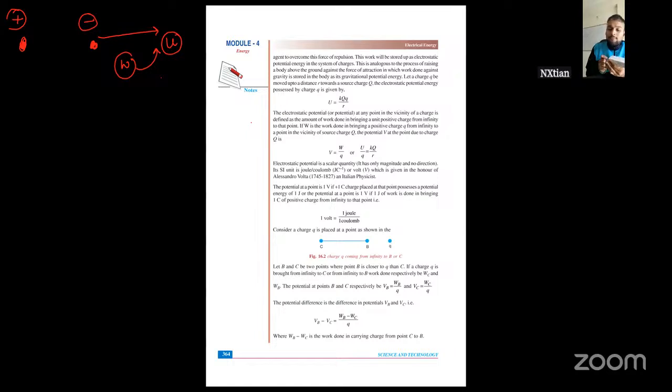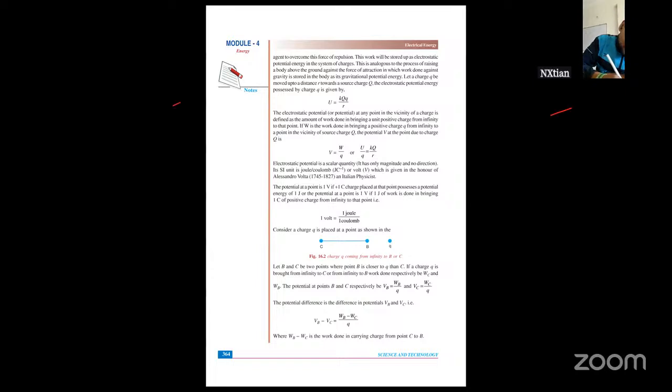So basically, V, which stands for electrostatic potential, is basically the same thing. For example, you can take this as a Q charge, a positive charge, and this as a small q charge. We can take both as positive charges so that there won't be confusion for you.